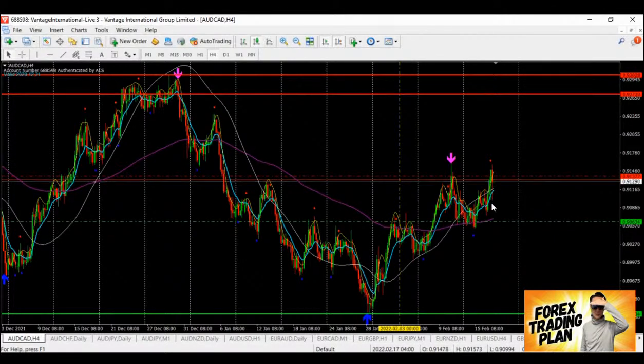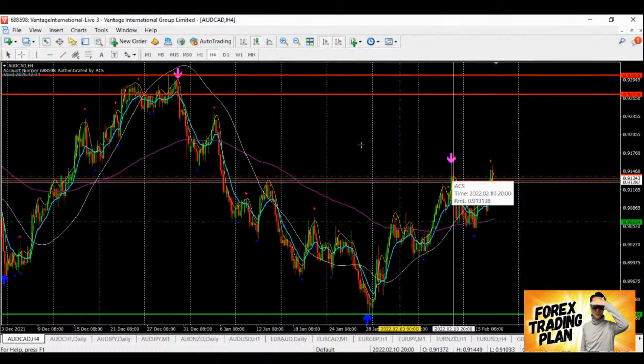As we can see, this kind of price action created the resistance on the 10th of February. Sorry, it's the 10th of February.